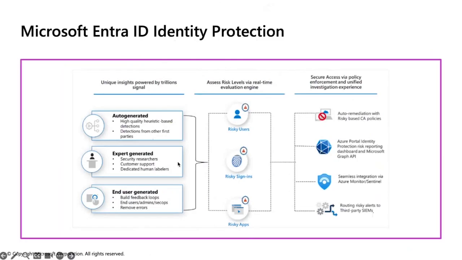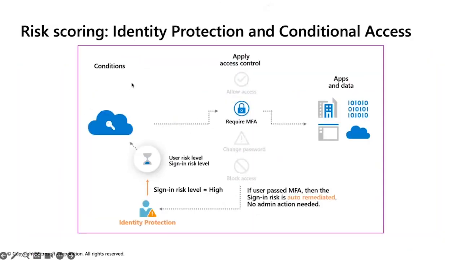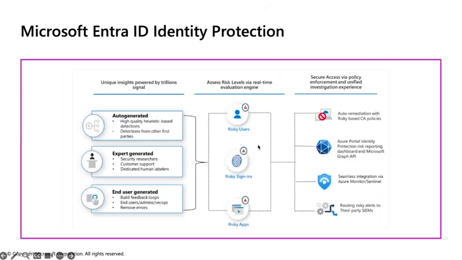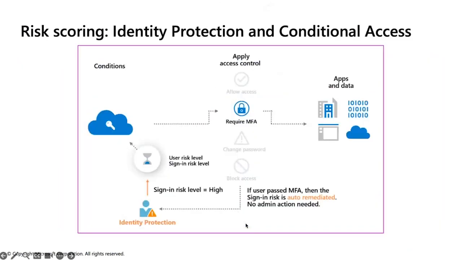All of these are detected by identity protection with its AI and machine learning based design, so these are very advanced detections for identity. We can combine identity protection and conditional access together. From identity protection we get risky user behavior, risky sign-ins, and risky applications, and we can create a policy to block the user, enforce a password change, or require the user to complete MFA first. All of that will be very helpful.